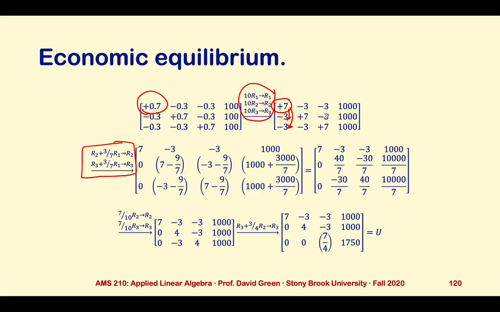For the third entry, we'll have negative 3 minus 9 over 7, as we have here. And for the right-hand side, we'll have 1,000 plus, remember we're adding a multiple of the first row, 3/7 of 1,000, or plus 3,000 over 7.